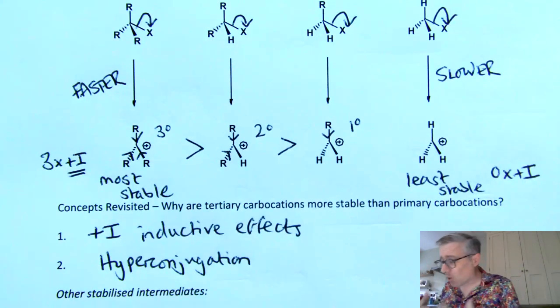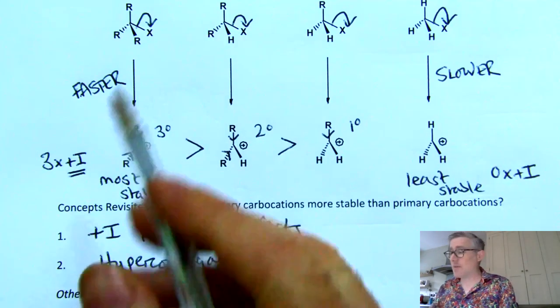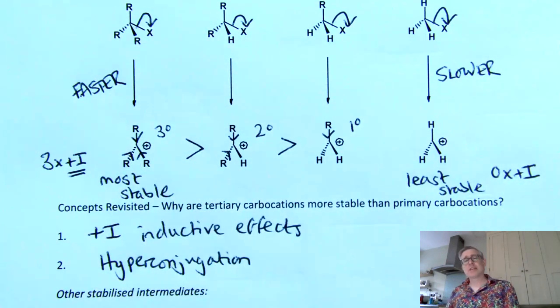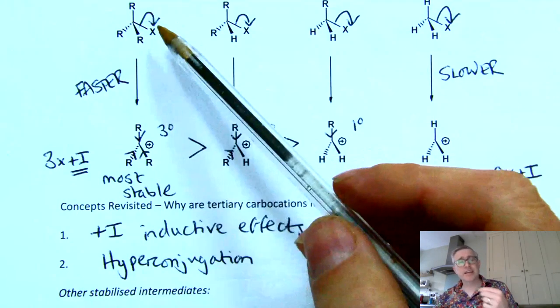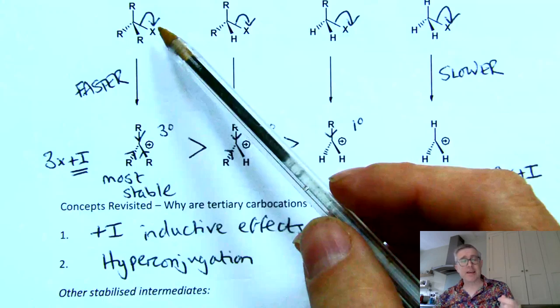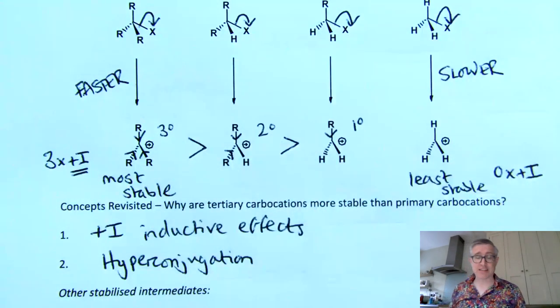Okay? But all those things push electron density in, stabilize the carbocation, and make the process more favorable. So we begin to understand what kind of leaving groups can leave quite easily in an SN1 process. And this is something that we'll come back to in the next screencast.